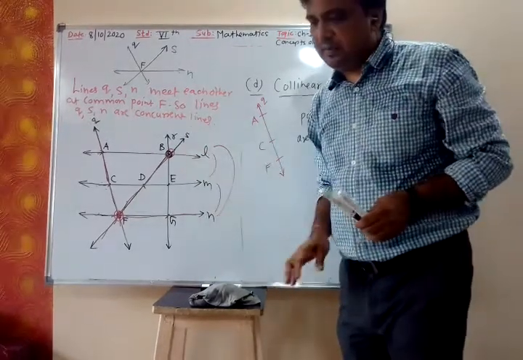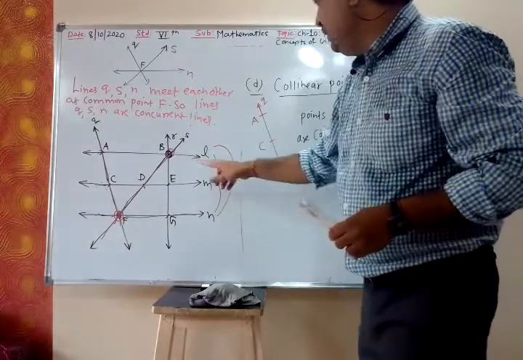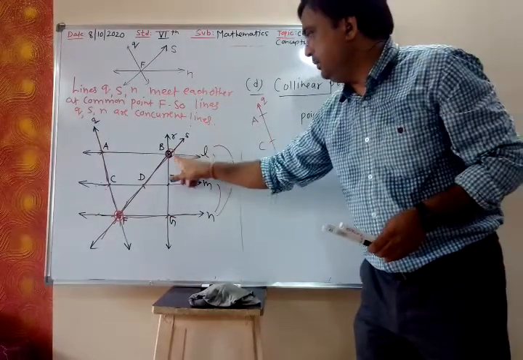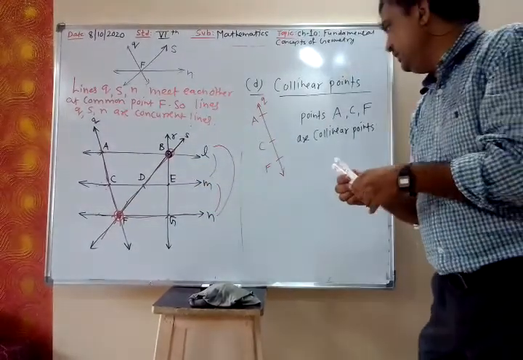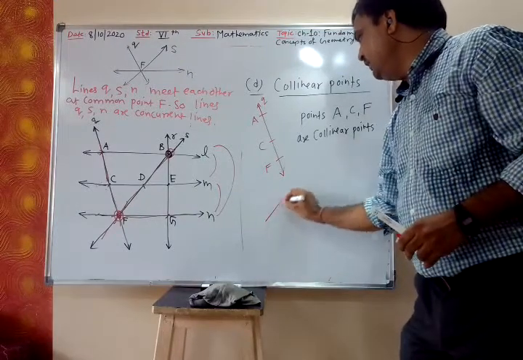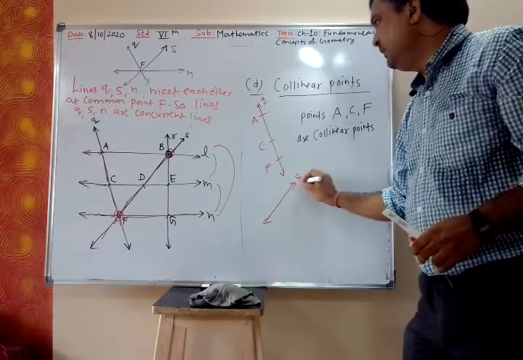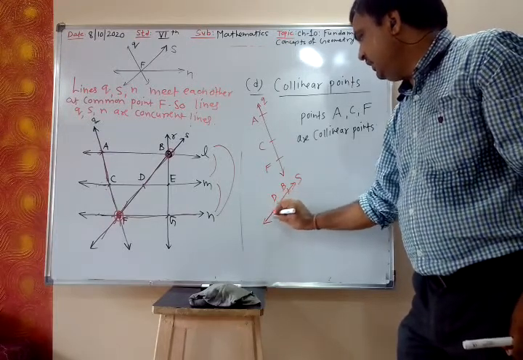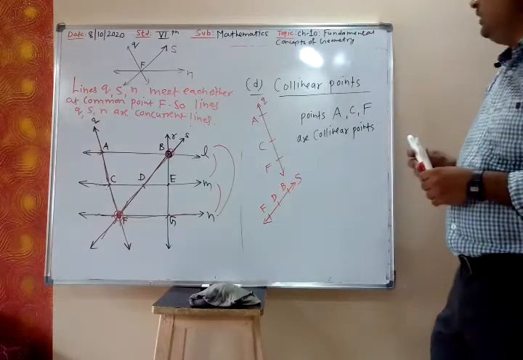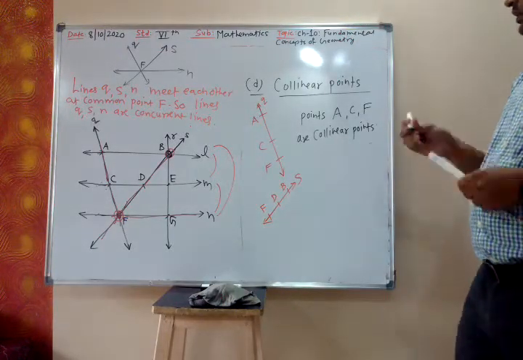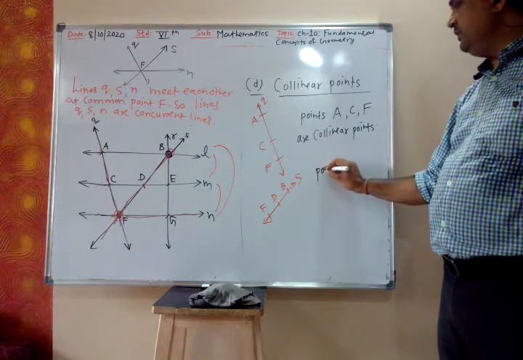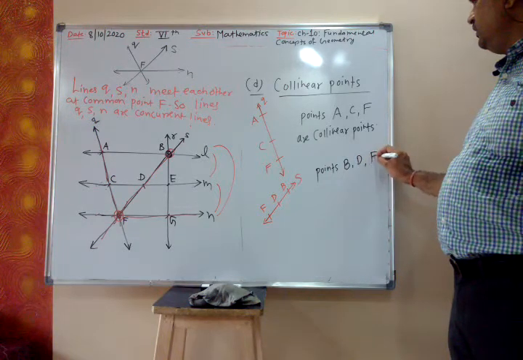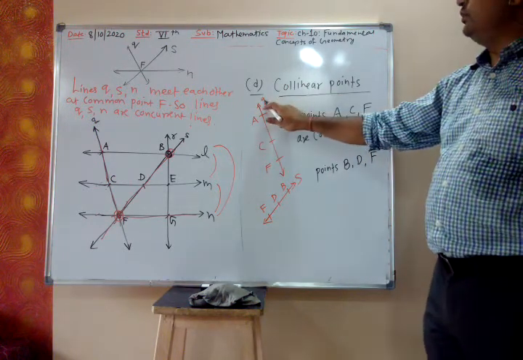Now let us take another example. If you take line S, this is my line S, with points B, D, F. Write: points B, D, F are collinear points.